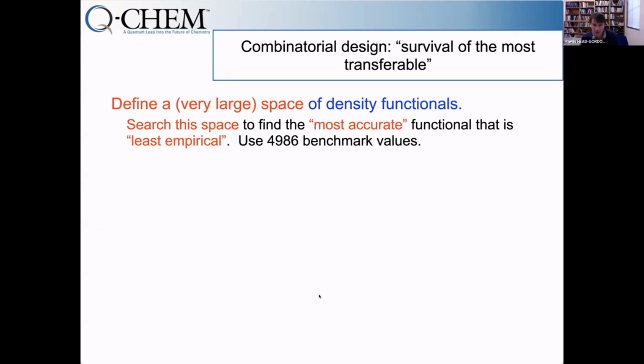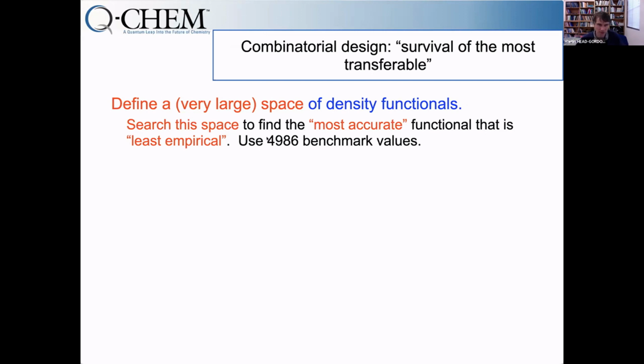And the idea of combinatorial design, which could be called survival of the most transferable, in a nod to Darwinism, is that we would take a very large space of possible functionals and try and search that space to identify an accurate transferable functional that is minimally empirical.